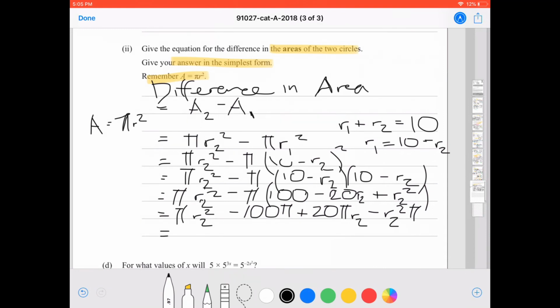Okay, we're making progress. And now, in fact, we can start to cancel things out. So pi r squared here and pi r squared here means they cancel out. And we're left with 20 pi r2 minus 100 pi.